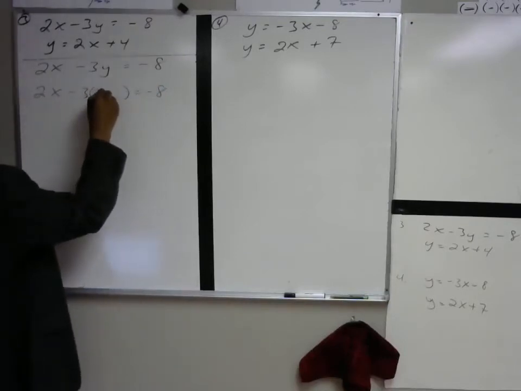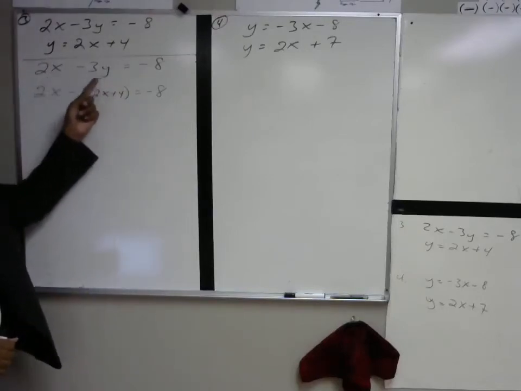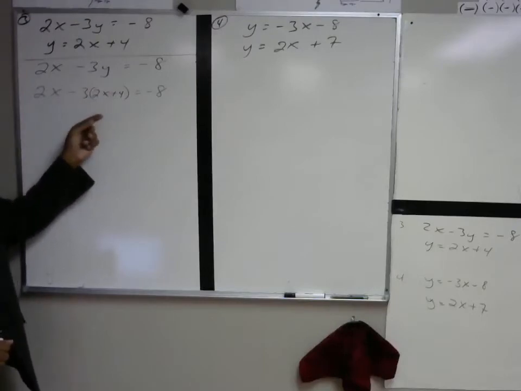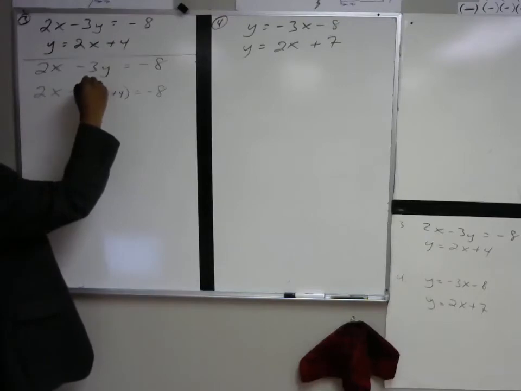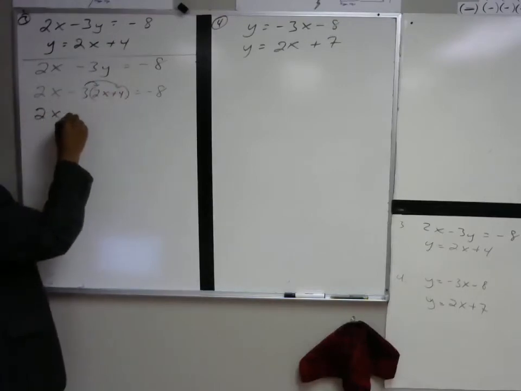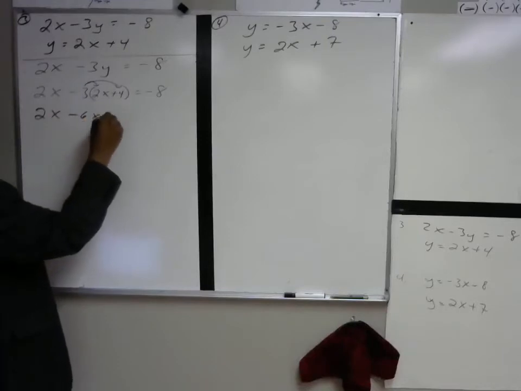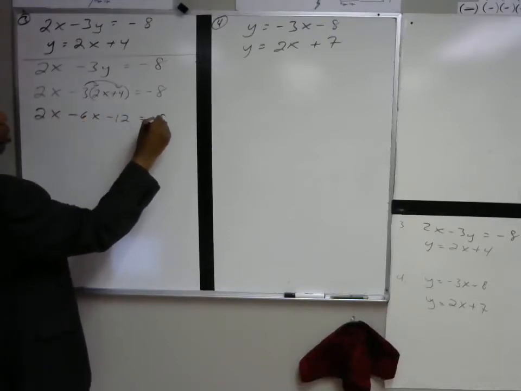Now we have 2x plus 4 here. Okay, so was x's and y's, now to x's and x's. Let's go ahead and distribute the -3 here and here. That will give us 2x minus 6x minus 12 equals -8.